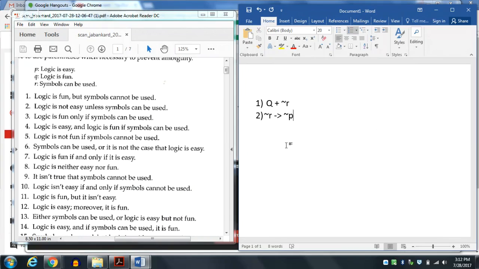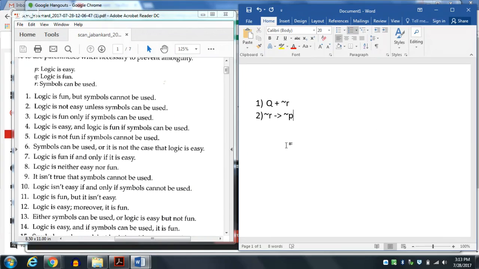Okay? So again, look at the logic of the unless. What we're saying is that logic isn't easy unless symbols can be used. The only way that logic is not easy is if symbols cannot be used.